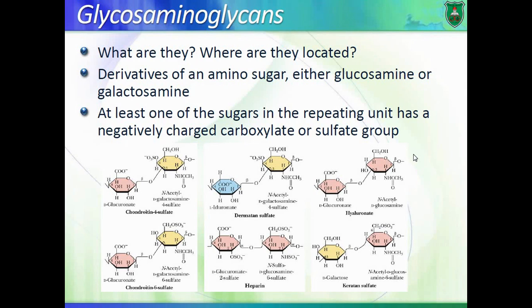The repeating units in these glycosaminoglycans have a negatively charged carboxylate, so they're either oxidized sugars with a carboxyl group that donates the proton and becomes negatively charged, or they may have sulfate groups, as you can see here.